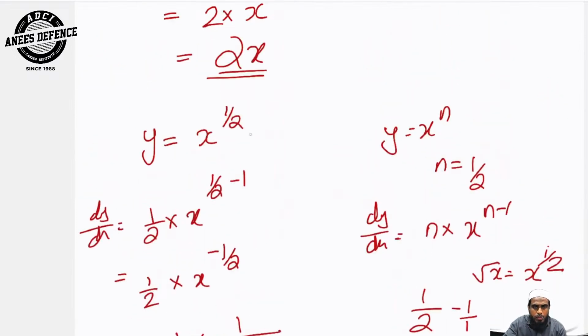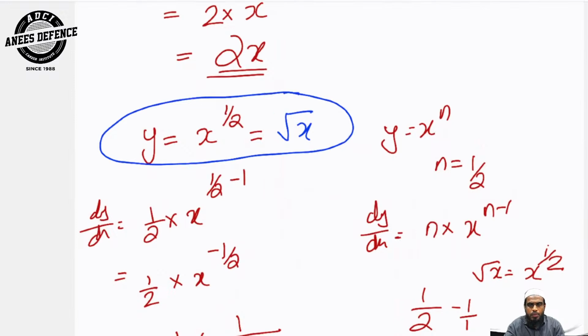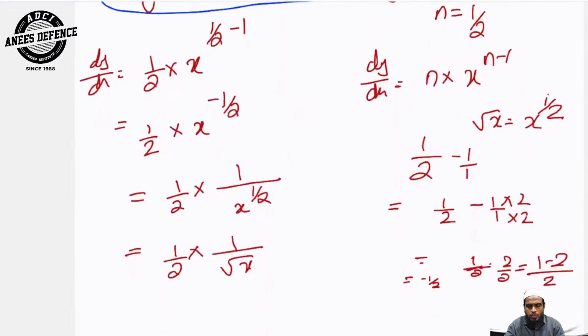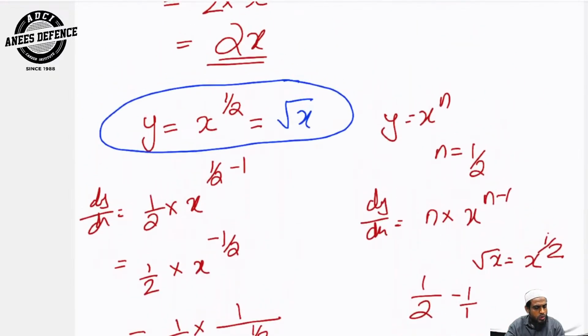Y equal to x raised to 1 by 2. What is x raised to 1 by 2? Root x. So the derivative of root x is 1 by 2 root x. Understood? So this is a standard one.